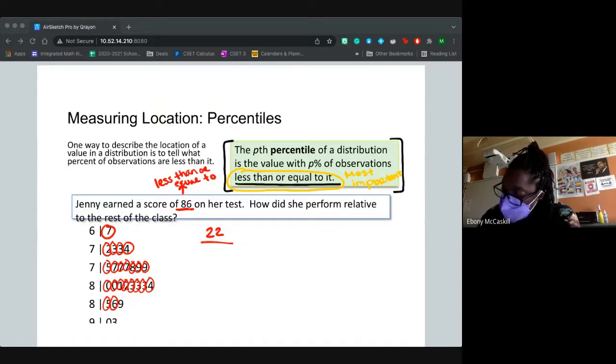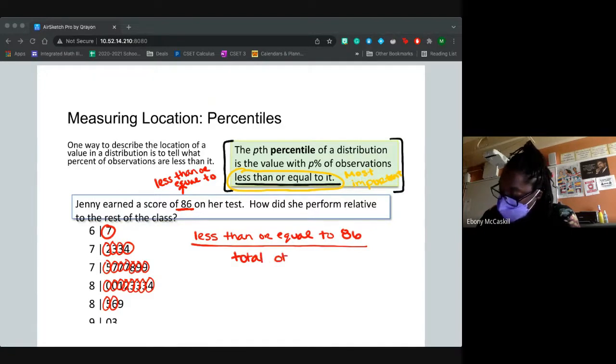Okay. So if I was going to write down notes for myself, I would say that we have less than or equal to 86 over the total amount of observations.